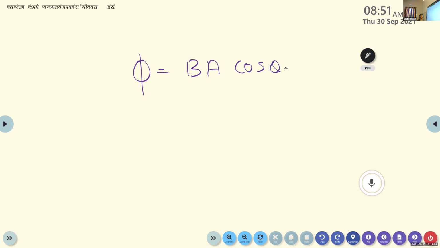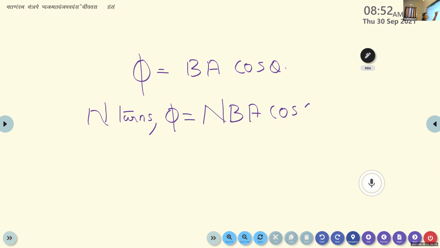So phi is equal to BA cos theta for only one turn. For n turns, the equation becomes phi is equal to NBA cos theta.